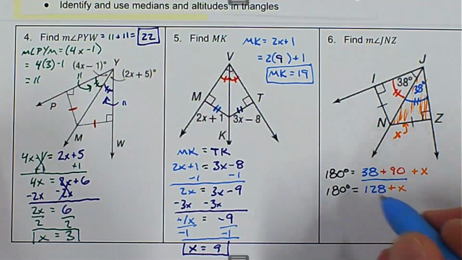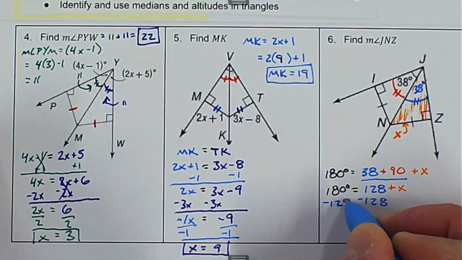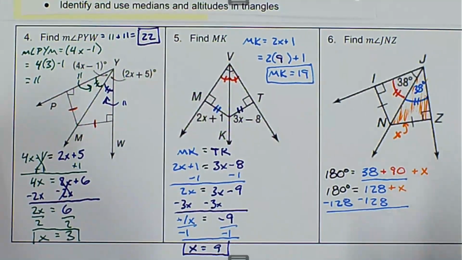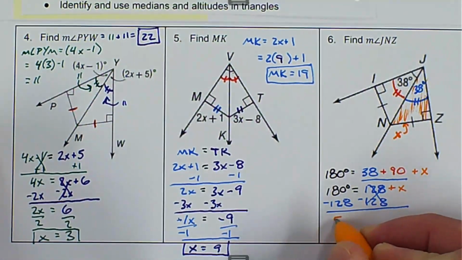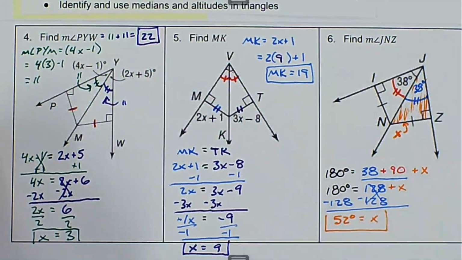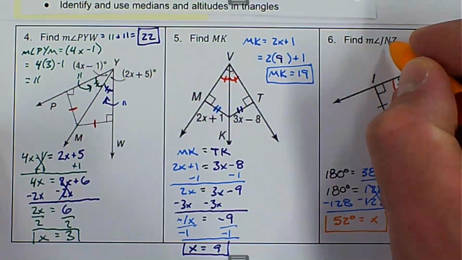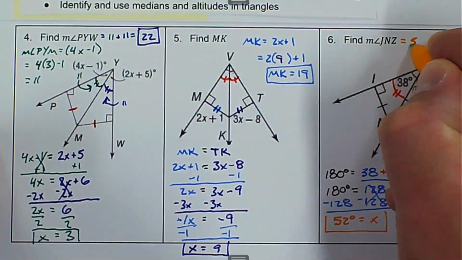Then we can subtract 128 from both sides of the equal sign. 128 cancels out, and we're left with 52 degrees is equal to x. Well, x in this case was our angle, so the measure of angle JNZ is also equal to 52 degrees.